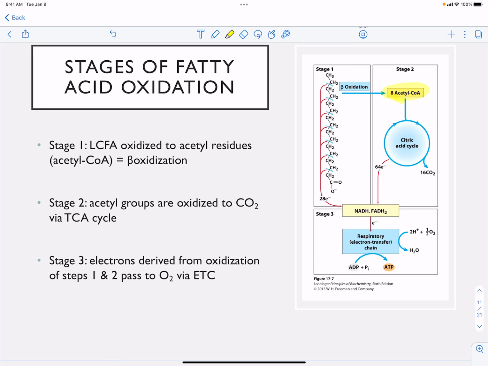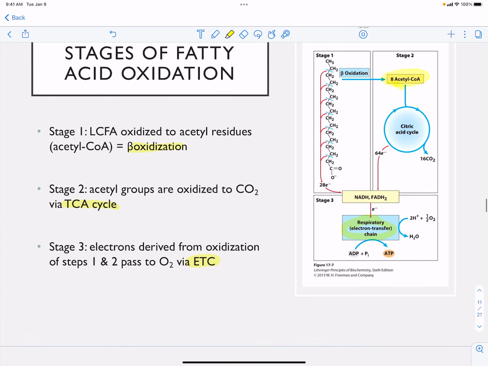Those carbons can be fed through the TCA cycle and generate energy through the electron transport chain. When you're doing beta oxidation, we're also going to generate some energy through NAD and FAD, and we'll discuss that. Now, the stages of fatty acid oxidation to get to energy: stage 1 is our beta oxidation. Stage 2 is acetyl-CoAs go through the TCA cycle, and stage 3 is the electron transport chain.